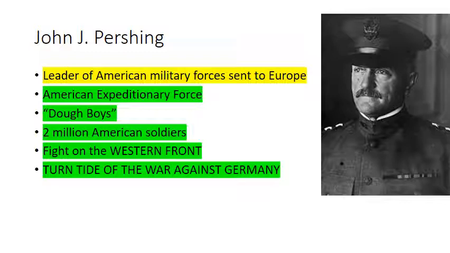And the Americans will be the fresh troops. The large number of American soldiers are going to help turn the tide of the war against Germany, boost the morale of Britain and French troops, and lead to the eventual defeat of the Central Powers.